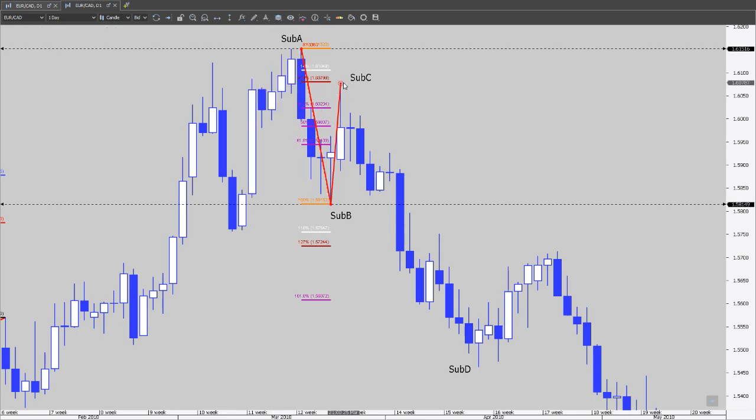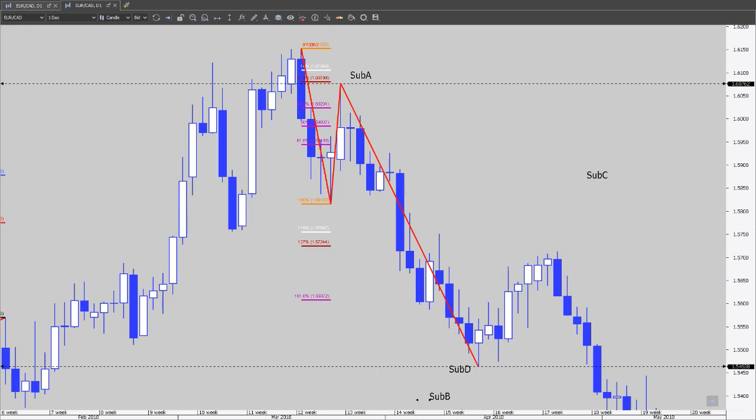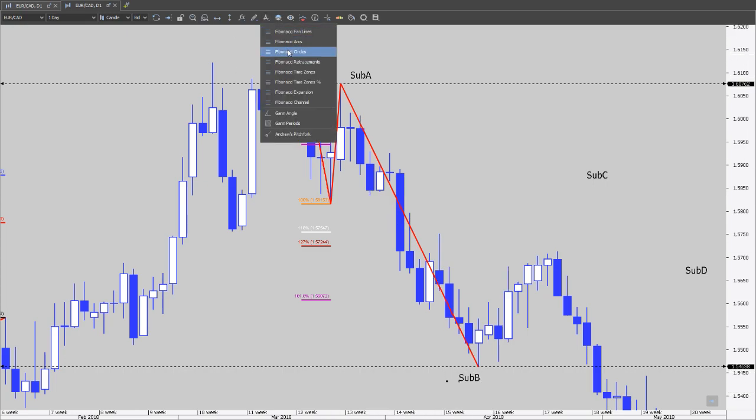Sub A, sub B, sub C, sub D. The D must be a low, right? So we're going to move our sub A to sub C, and our sub B goes to sub D, and we have a new contrarian Fibonacci.